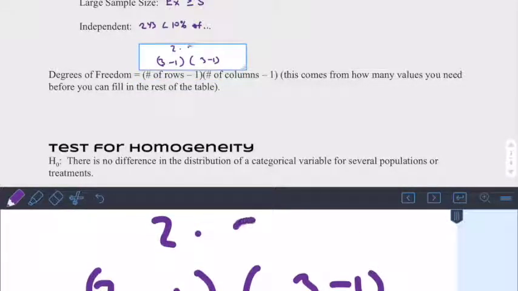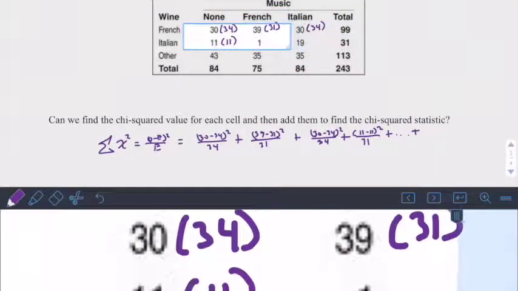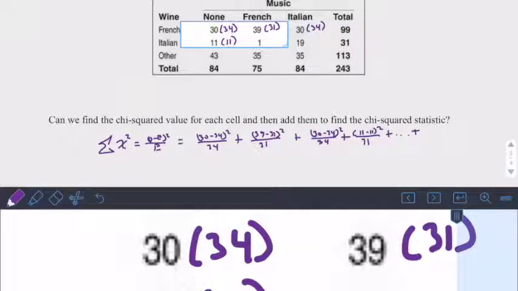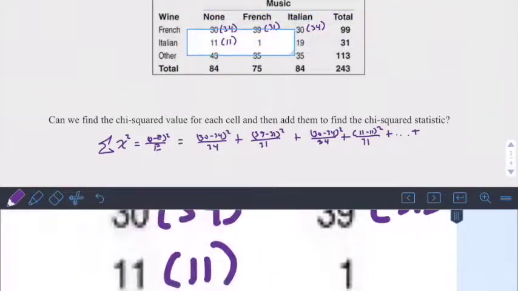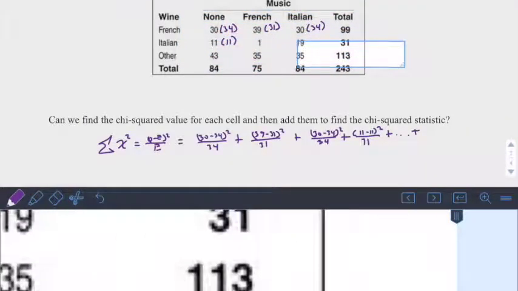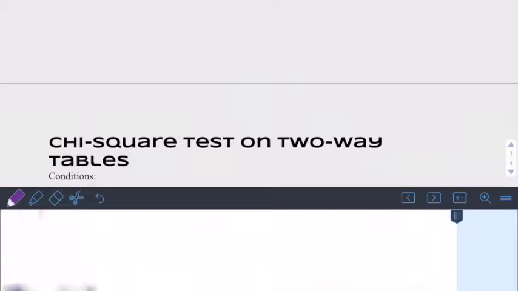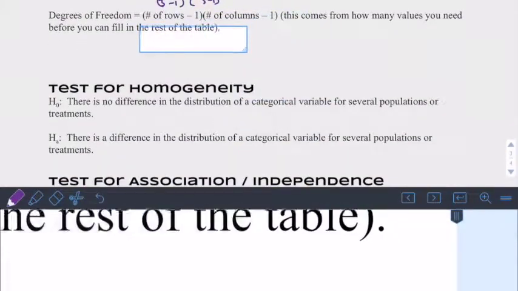So 2 times 2. There are 4 degrees of freedom. If we had these 4 cells filled in, then we could fill in the rest of the table because we could get this one, this one, this one, and then this one, and the whole table could be filled in. That's why there's 4 degrees of freedom.